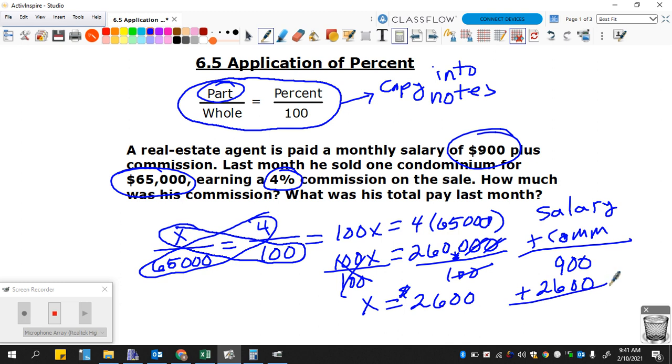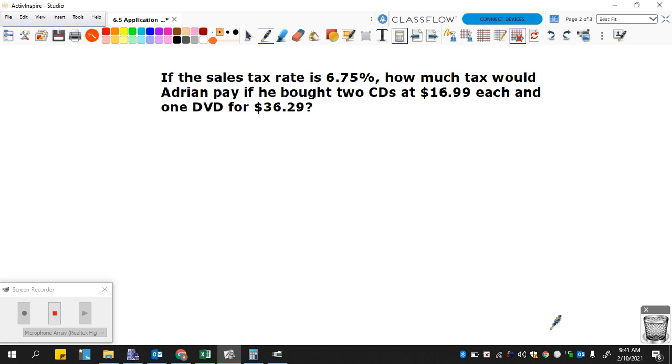When we add that together, last month, he would have made $3,500.